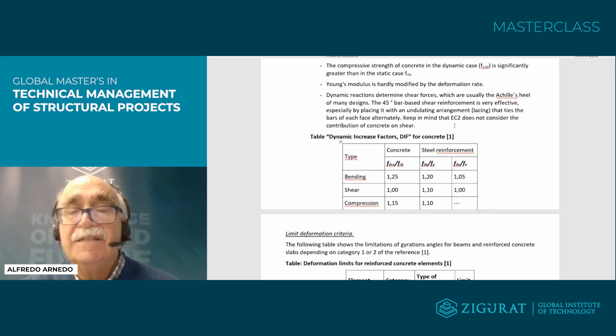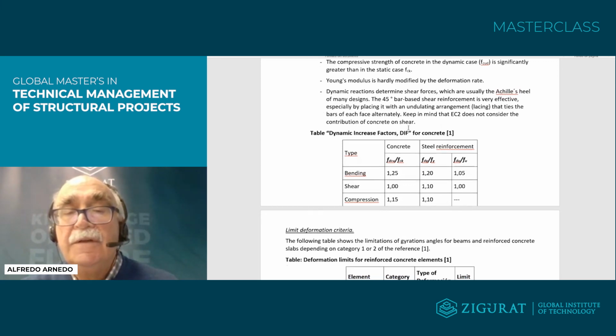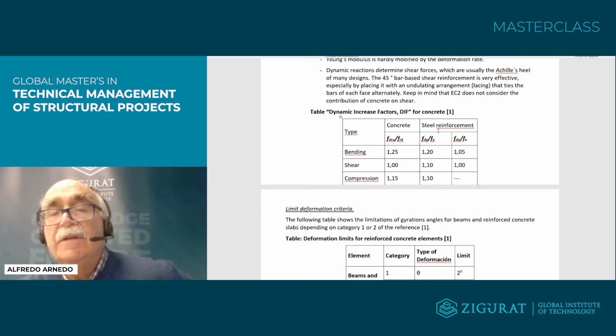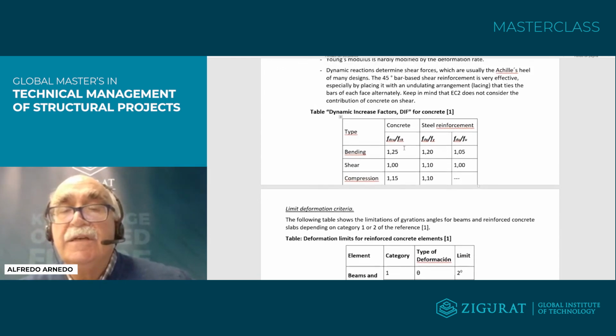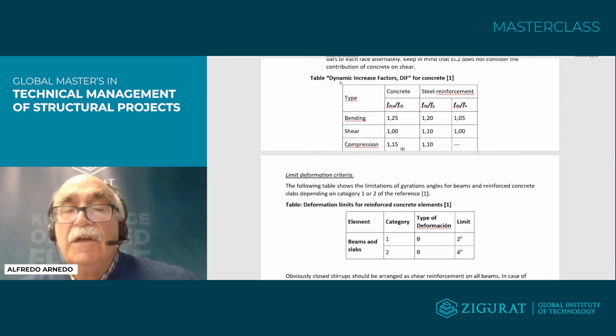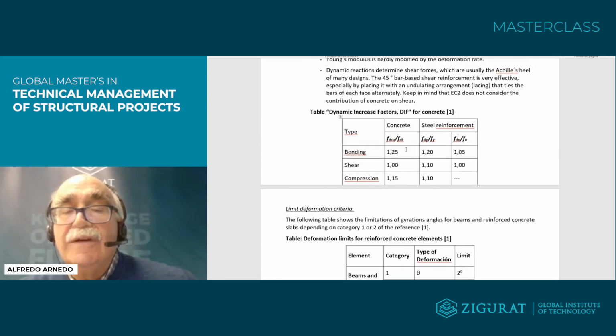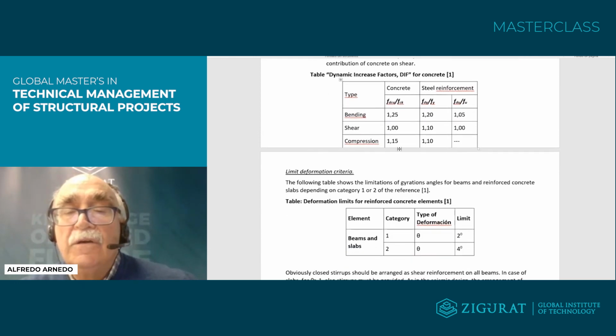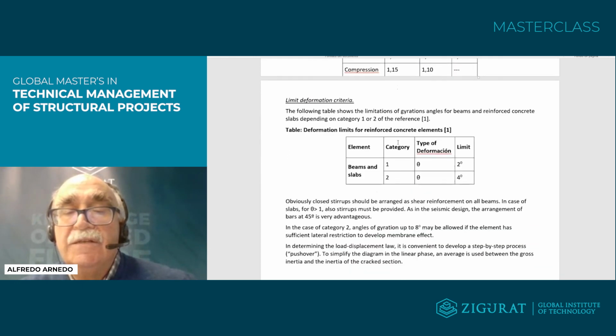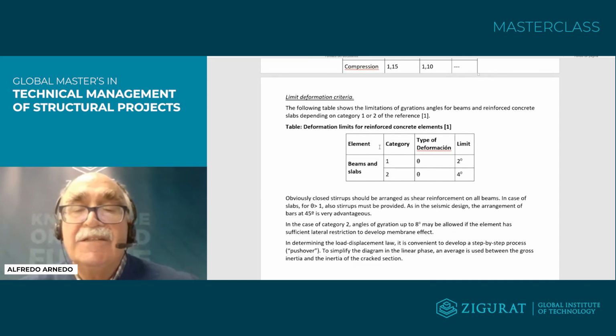The shear force is the Achilles heel, the weak point. So it's an advantage to have 45 degree bars, deformed or double resistant to the stirrups, in every section, in order to achieve a good connection between reinforcement and to enlarge the local capacity of the concrete.